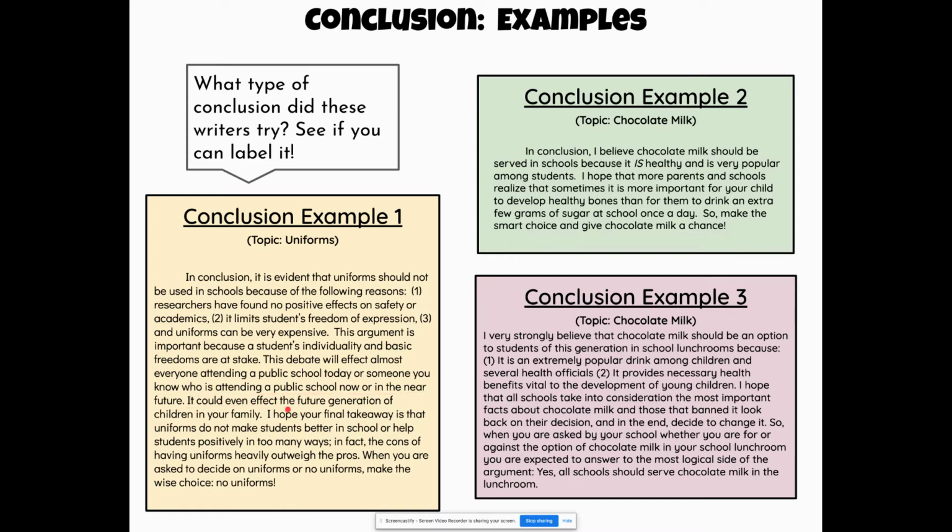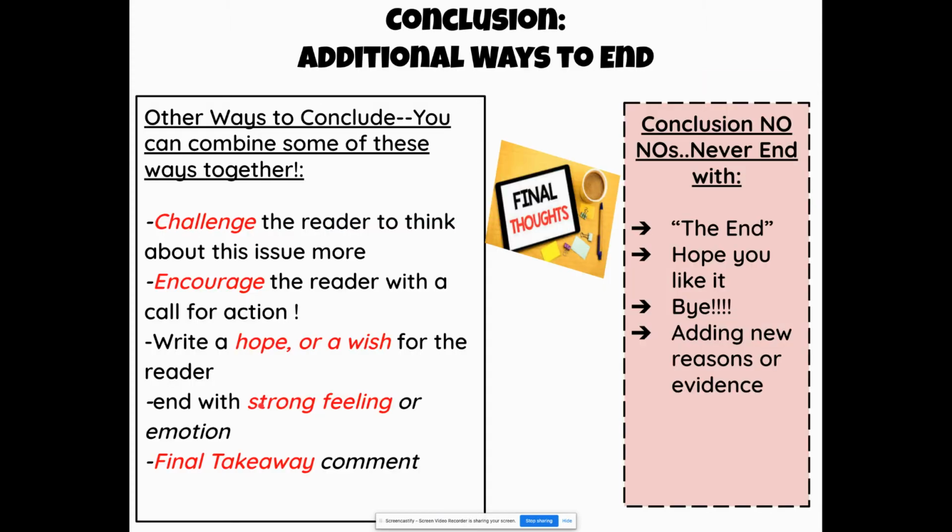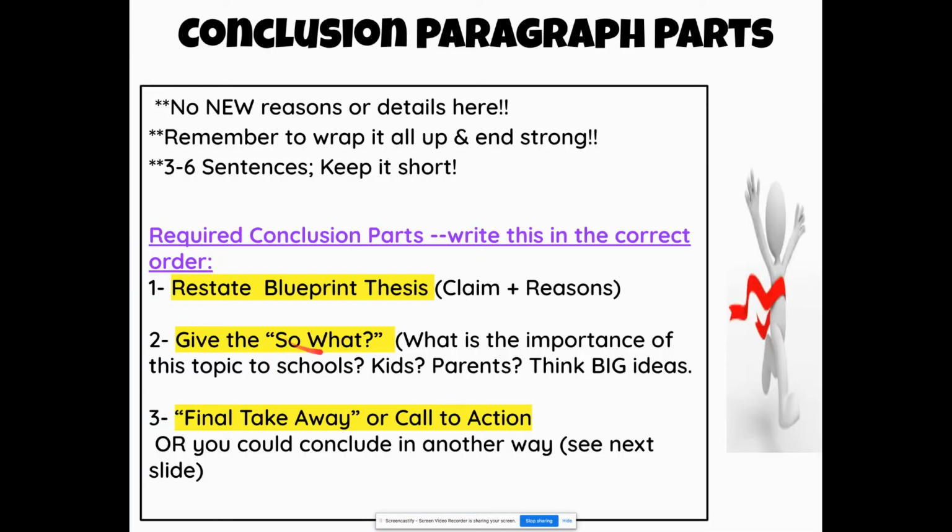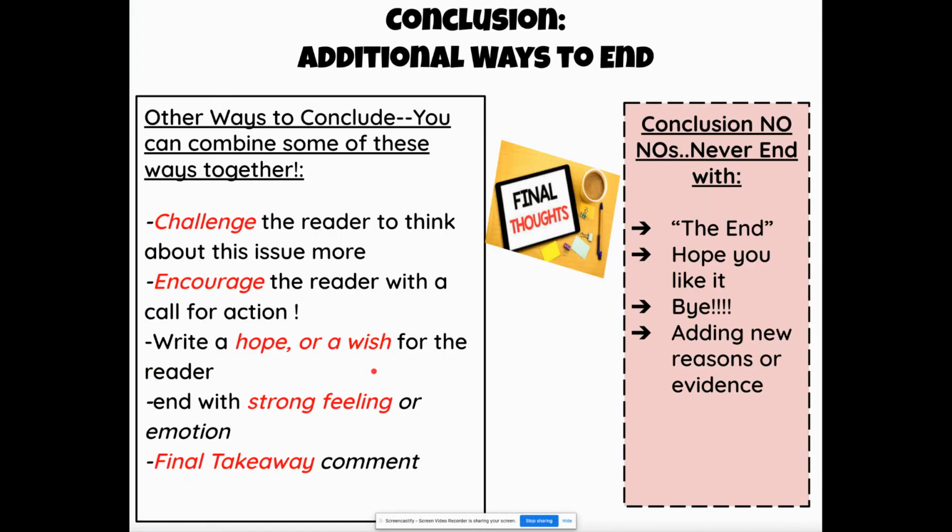It could even affect the future generation of children in your family." So, those are just 3 sentences giving me the so what. This is why it's so important to schools, to kids, to parents, to families. Okay, so they did that.